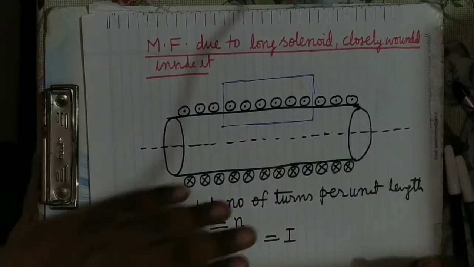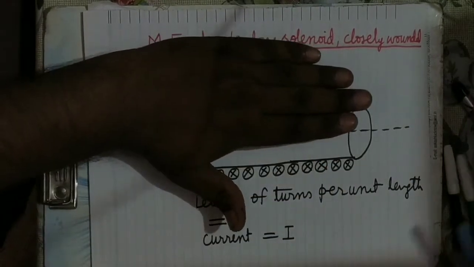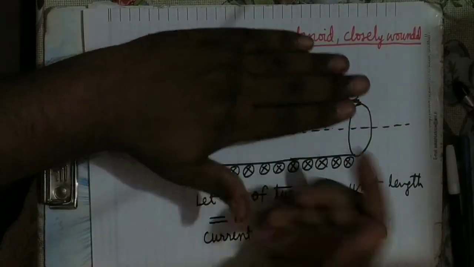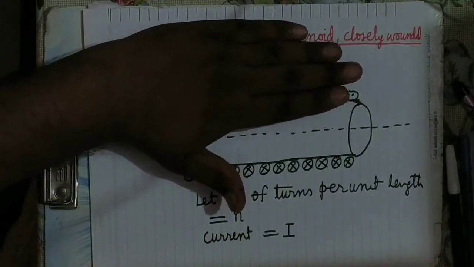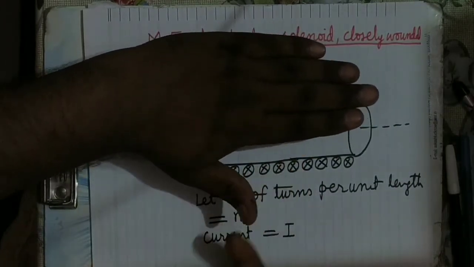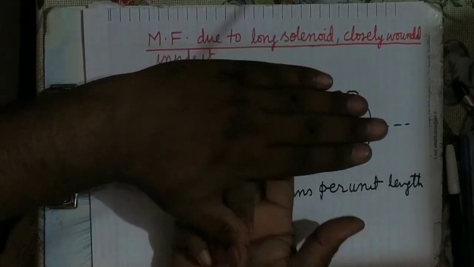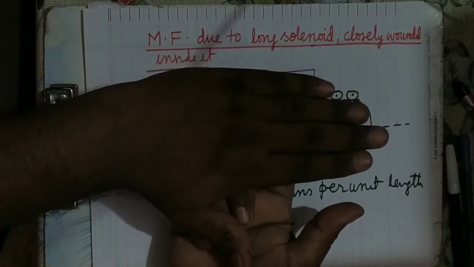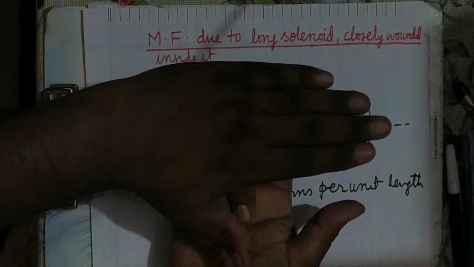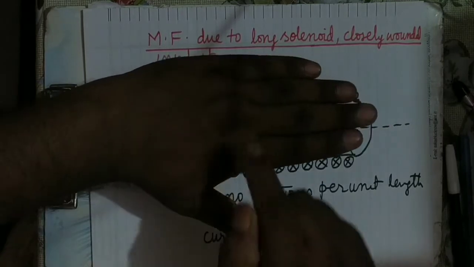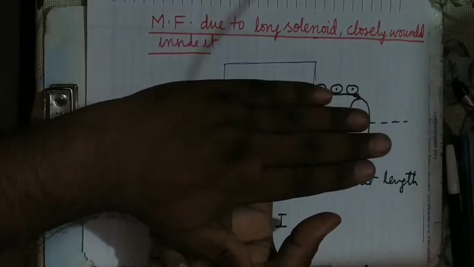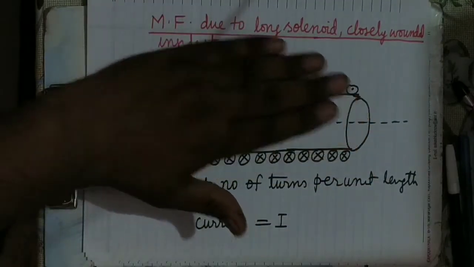Suppose the Amperian loop is this. So turns are penetrating the surface of the Amperian loop, meaning entering from this side, coming out from this side, entering from this side, coming out from the upper side.